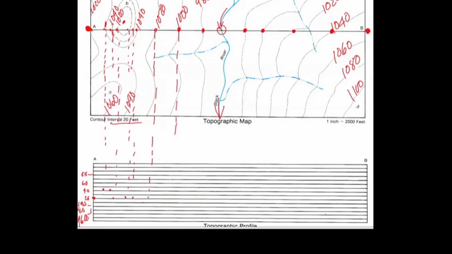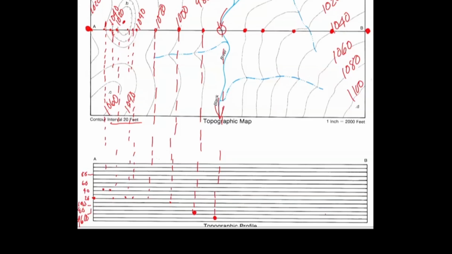This time we're going all the way to 1,000. This one is 980. The stream is actually a little bit lower than 980, but it's not as far as 960 because we don't see that contour line.